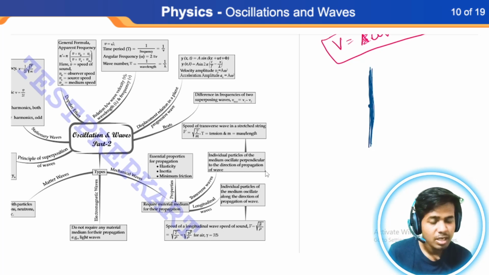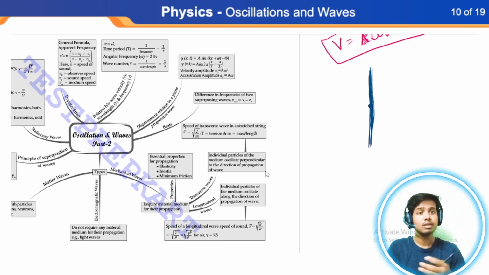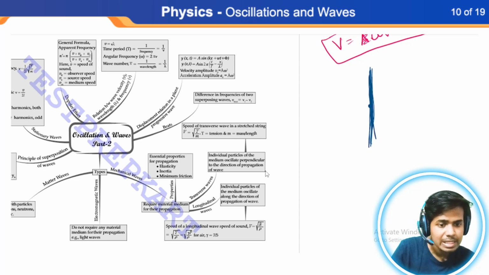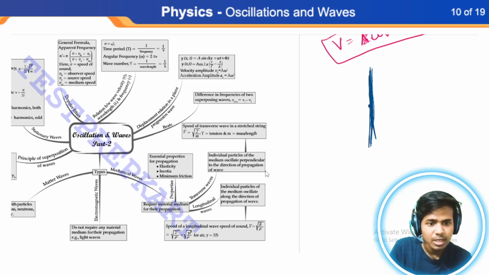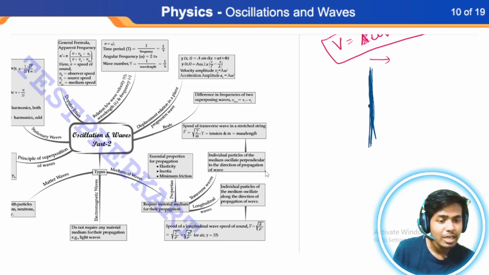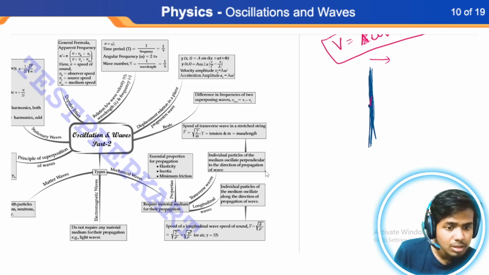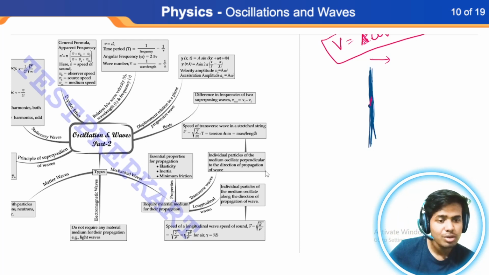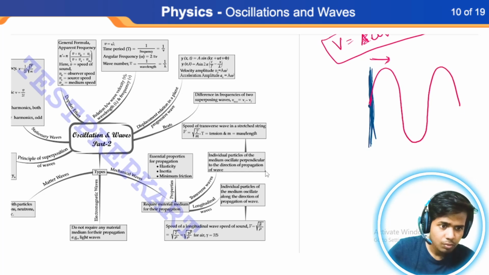Then the actual motion of the particle will not be exactly this up and down, but it will be up and down along with moving in a fixed direction with a constant velocity forever. So it will look something like this. The moment it starts going up, it also has a velocity here. Why?